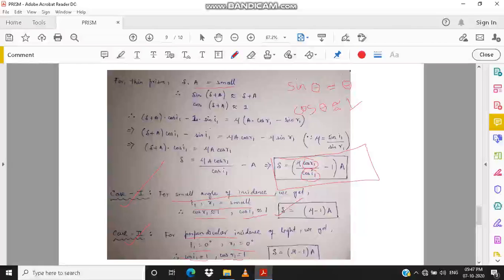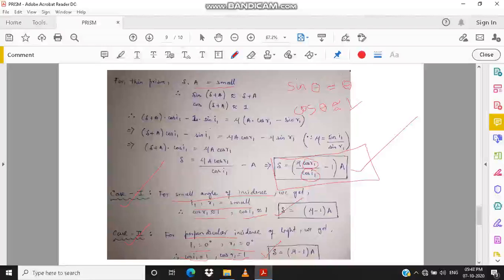After getting the values 1, we substitute them again in this equation. Then we again get the same result, that is delta is equal to mu minus 1 into A.